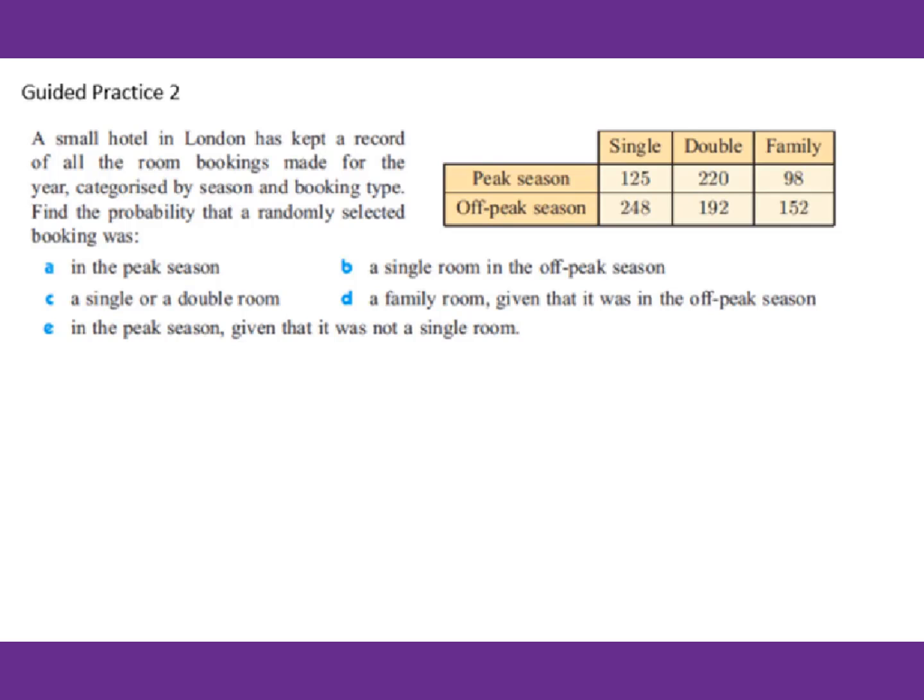Let's go to guided practice 2. A small hotel in London has kept a record of all the room bookings made for the year, categorized by season and booking type. Find the probability that a randomly selected booking was A, a peak season.